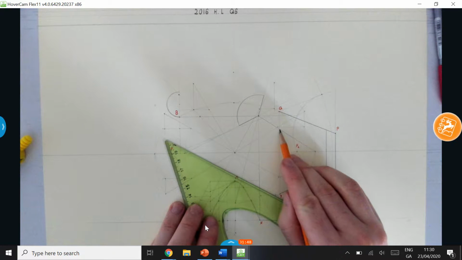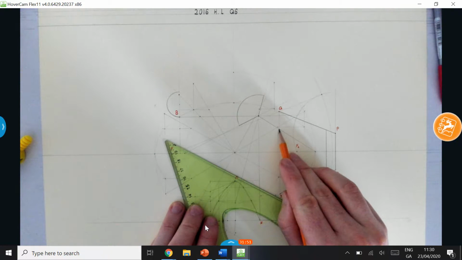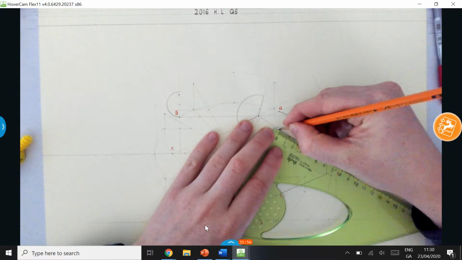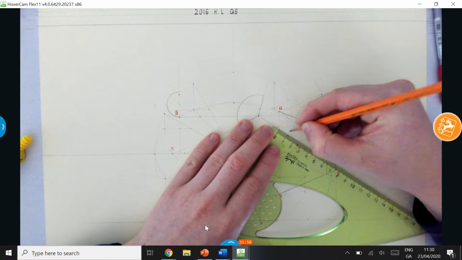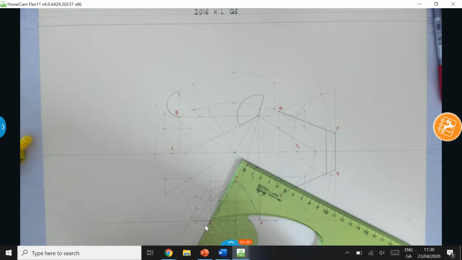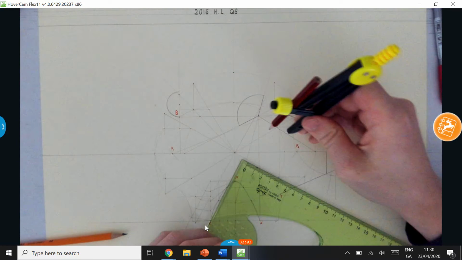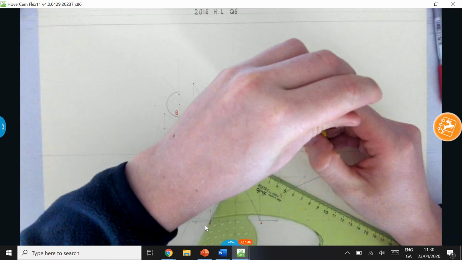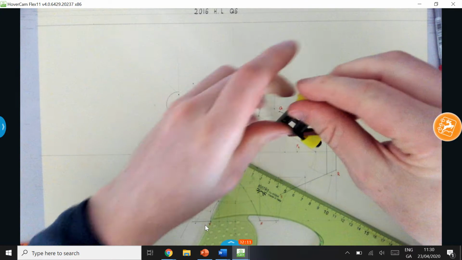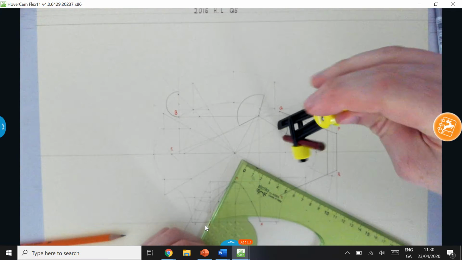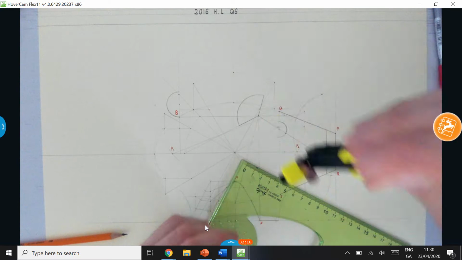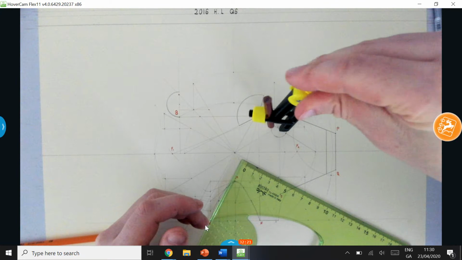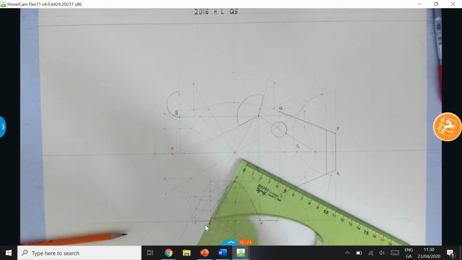And where it cuts the minor circle, which is right at this point here, we're going to have a radius 8 circle. Okay, and that's the eye.